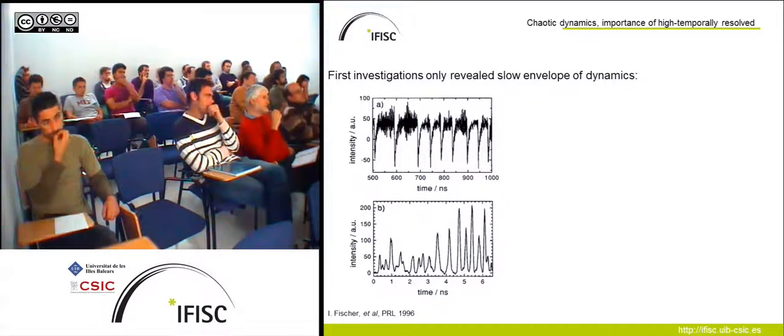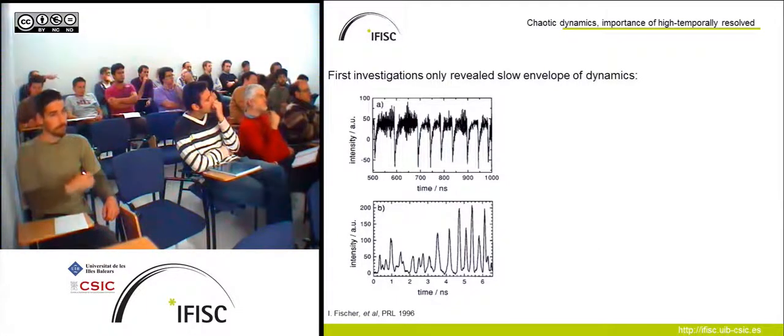There is a very similar effect in semiconductors, where you apply a DC bias, everything is steady, and then the current response also oscillates as a function of time. Now, if you do this in, let's say, bulk, then you don't observe these fast oscillations. You just observe these slow dynamics.